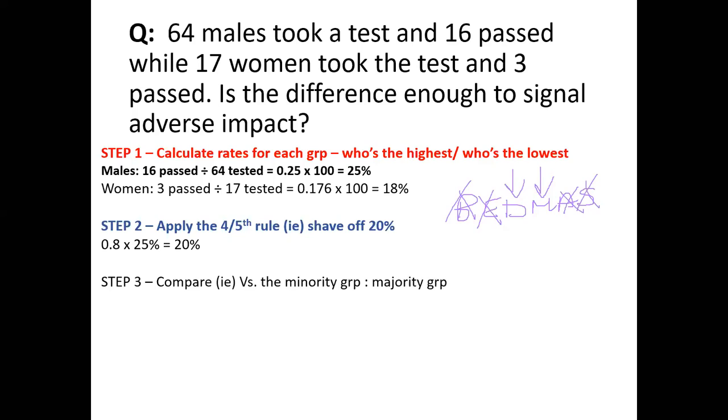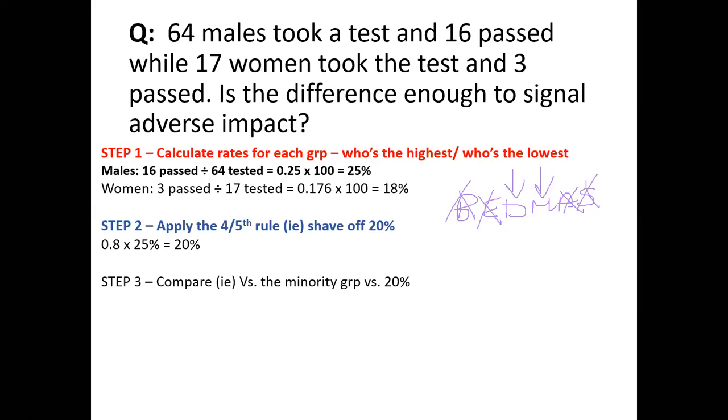Actually, excuse me, we're not comparing it to the majority group. We're comparing it to our calculated adverse impact rate, which in this case is 20%.